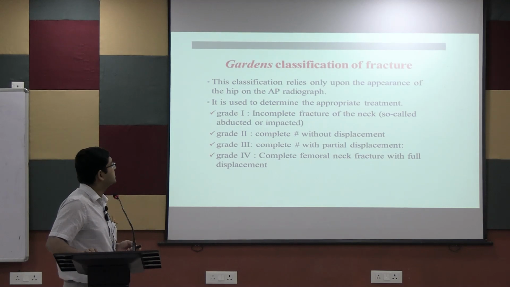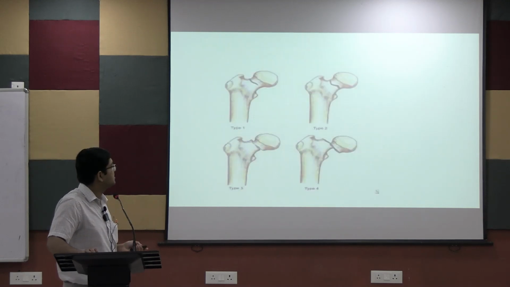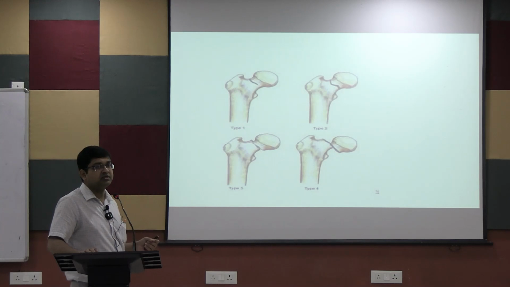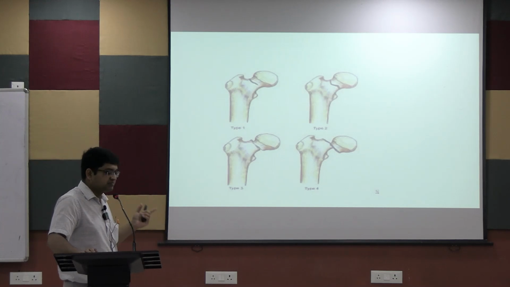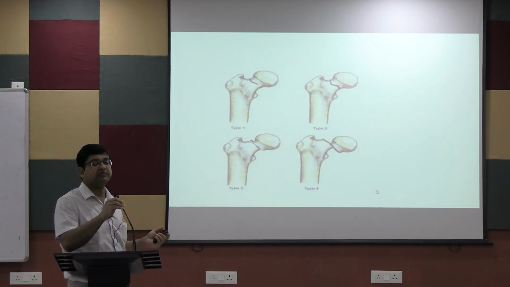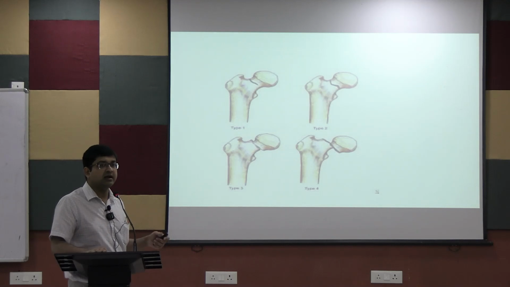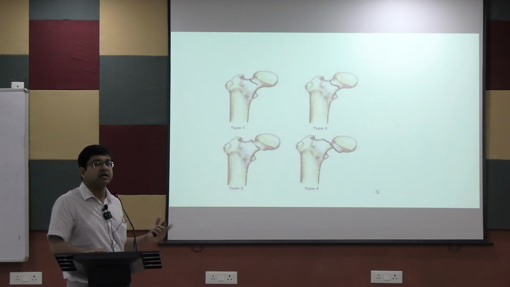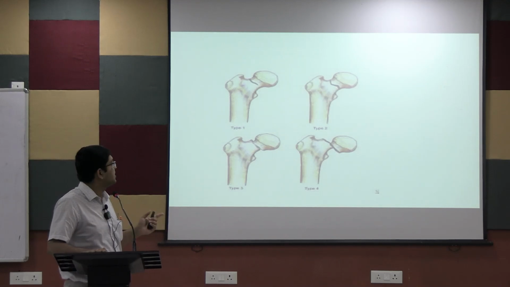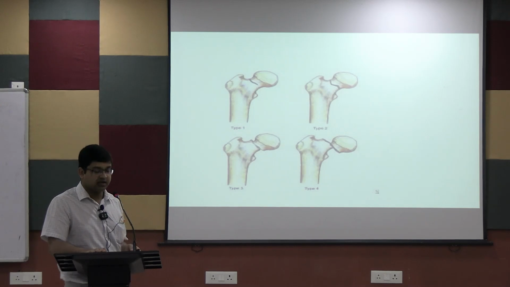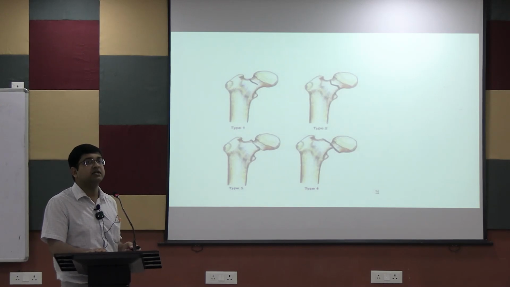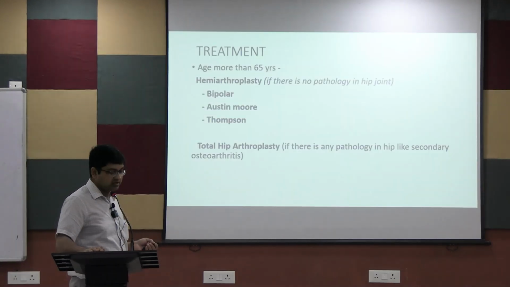So এটা হচ্ছে Gardner's classification. Gardner type 1, 2, 3, 4. Incomplete, complete and undisplaced, আর তারপর হচ্ছে complete fracture partially displaced and complete fracture completely displaced. Type 1 and 2 are undisplaced fractures and type 3 and 4 are displaced fractures.